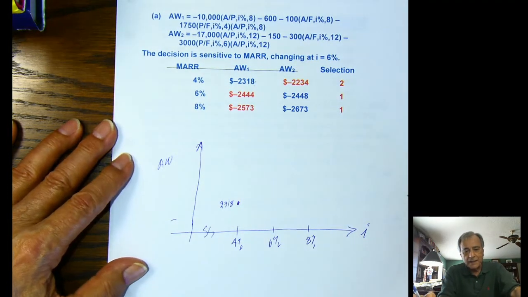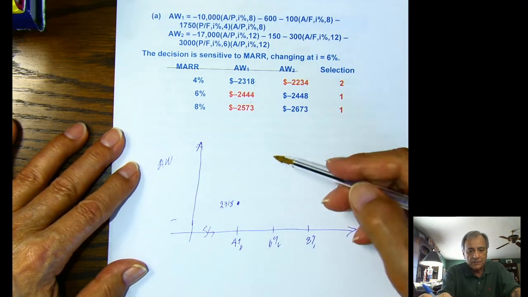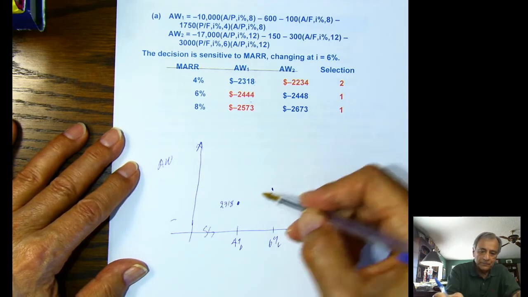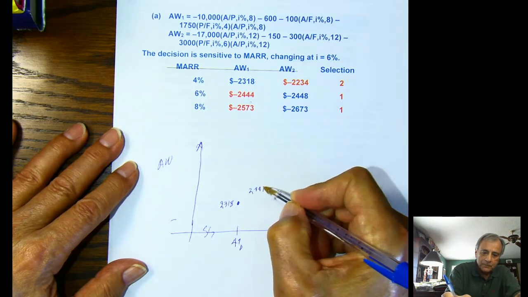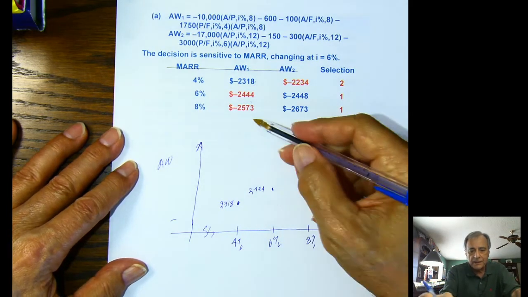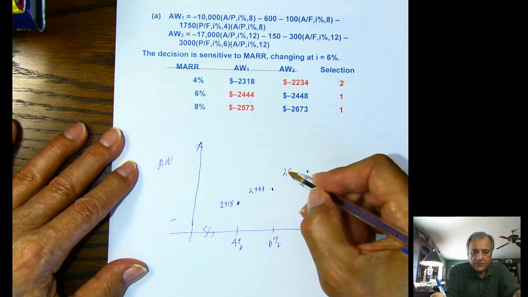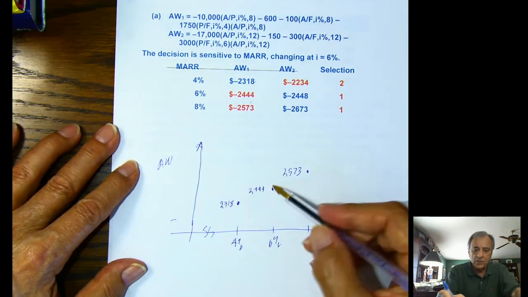Okay, and then it goes up to 2444 at 6%, and then at 8%, it goes up to 2573. And so that is system 1.